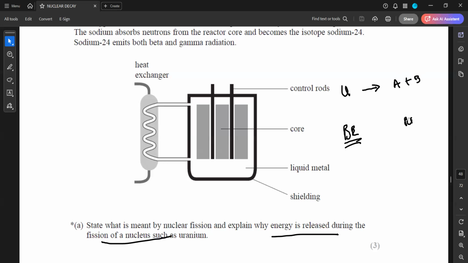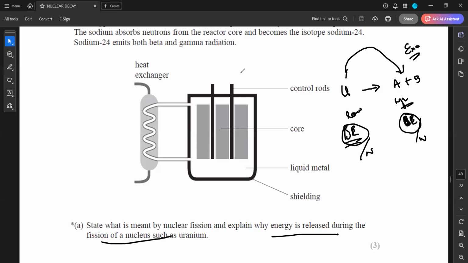The original nucleus has low binding energy per nucleon, and the fragments have high binding energy per nucleon. So when the binding energy per nucleon increases, the reaction is always exothermic, or it releases energy.